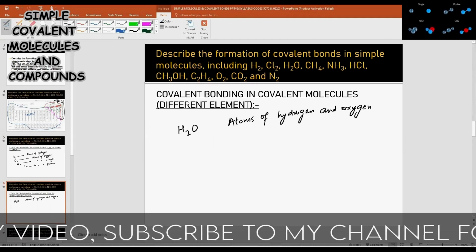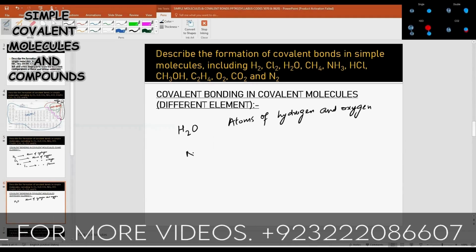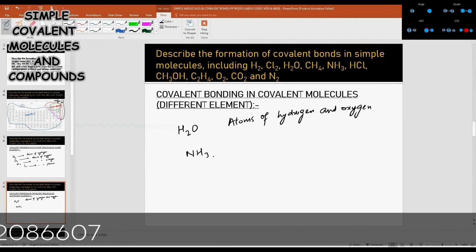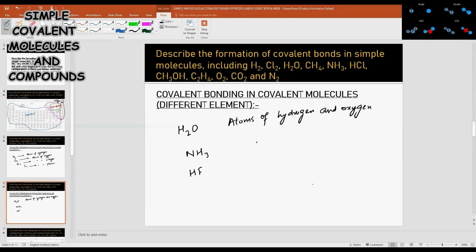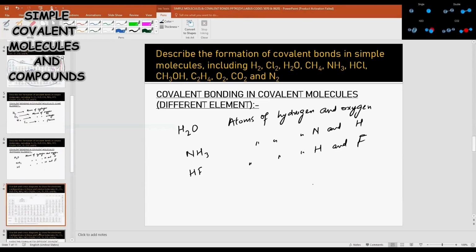In the same way, you have other examples like NH3, where you have atoms of nitrogen and hydrogen, HF, atoms of H and F. CH3OH, C2H4, SO2, etc. Many examples.